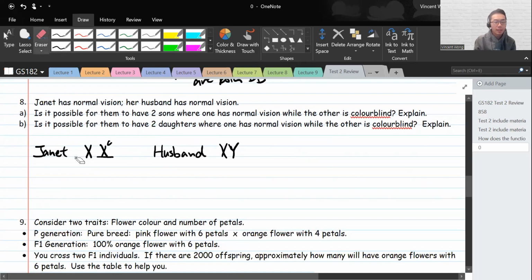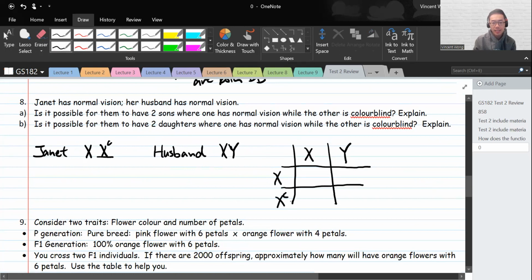So let's do a Punnett square here and see. X and Y for the husband, XXC for Janet. And if we do our Punnett square, let's look at the sons here.